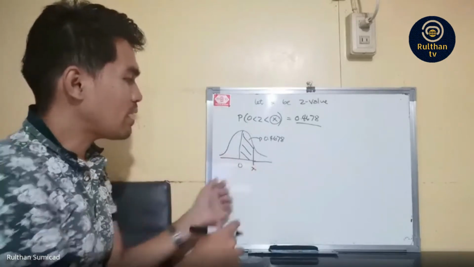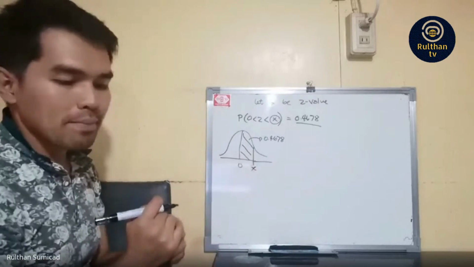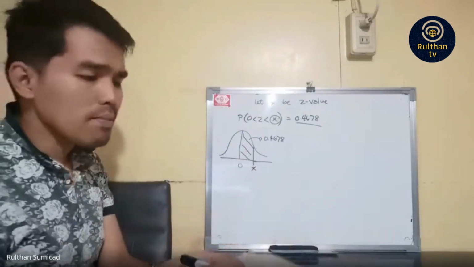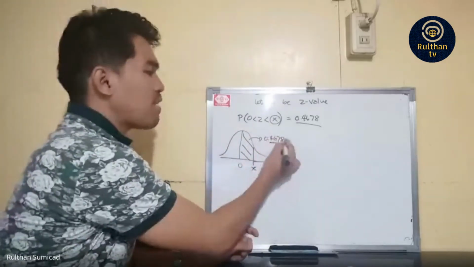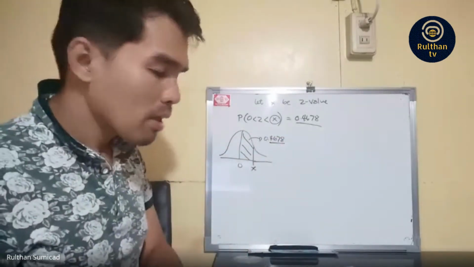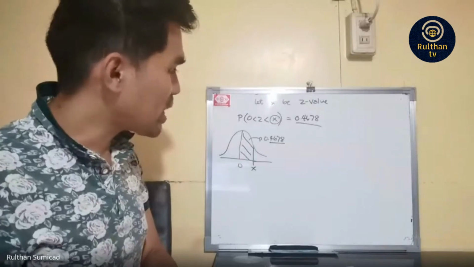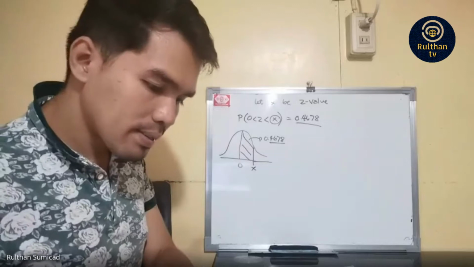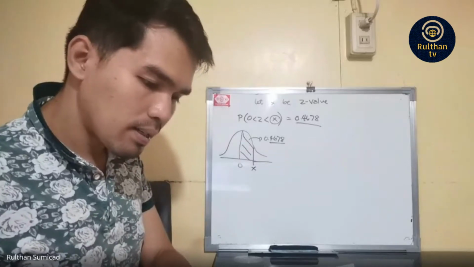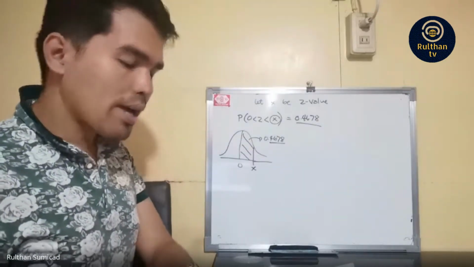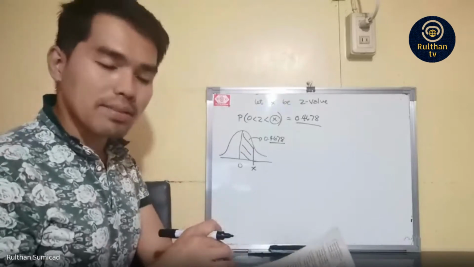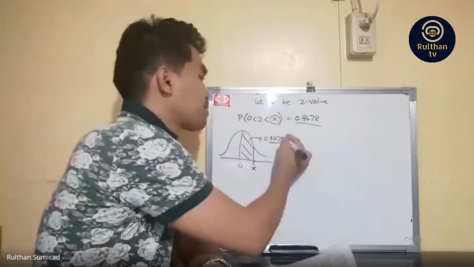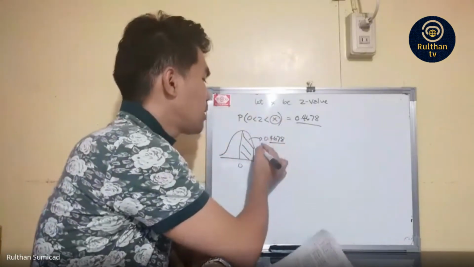How to find the value of x? To do that, we're going to look at the table. From the table, you will look for this value, the probability distribution of 0.4678. In this case, there is an exact value of 0.4678.